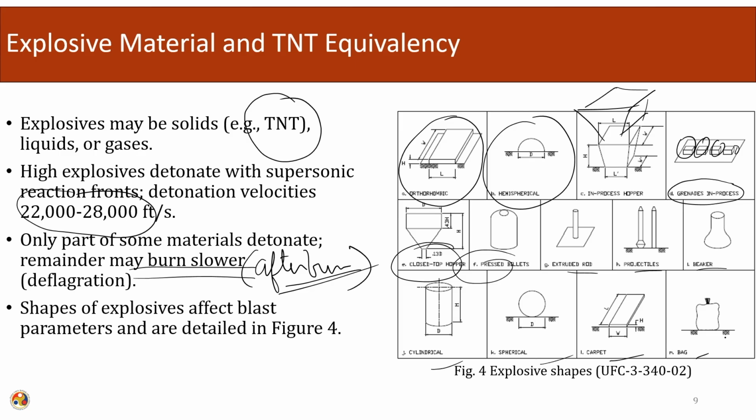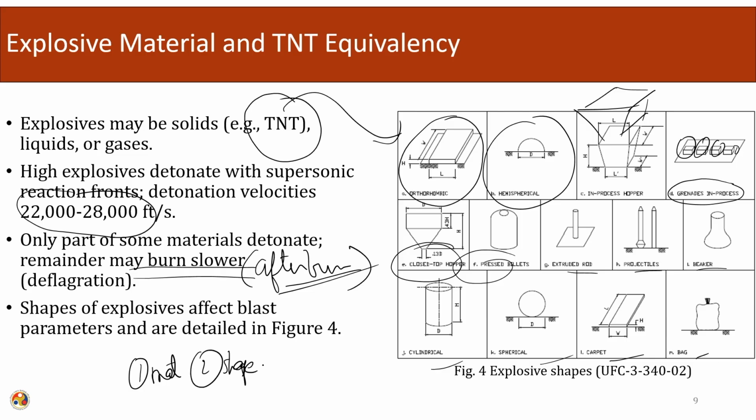Depending upon the shape of the explosives, the blast parameters are affected. Different shapes will give different intensity of pressure, even if they are made of the same material. So one parameter is material, the other parameter is shape.